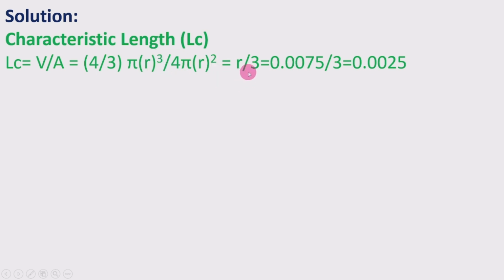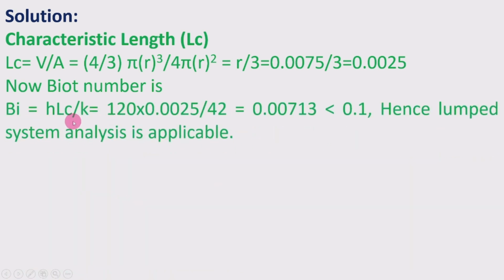Then this becomes r by 3, and we have the radius 0.0075 by 3, it will become 0.0025, the characteristic length. Now Biot number is given by Bi equal to h Lc by k. H is 120, Lc is 0.0025, k is 42. Then that becomes 0.00714, which is less than 0.1. Hence, lumped system analysis is applicable.